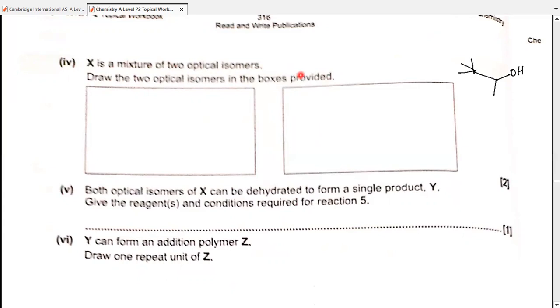Annotations are also on if you'd like to do it on a piece of paper or annotate over my screen. It's entirely up to you.